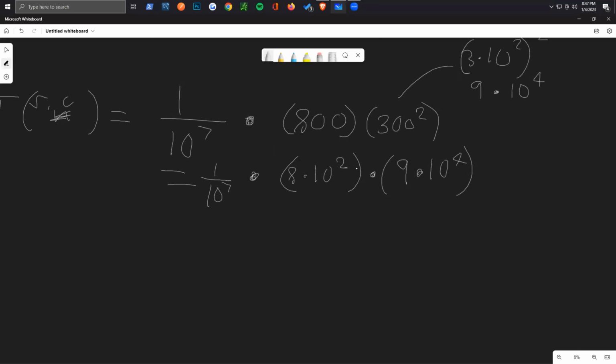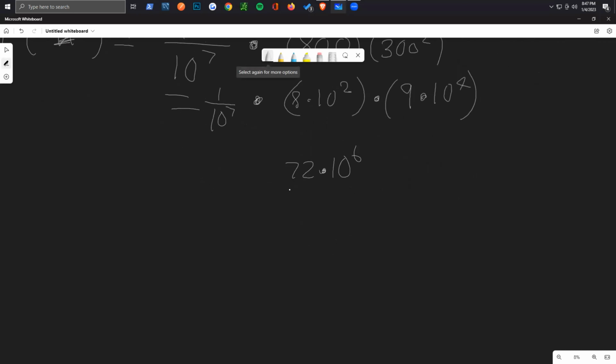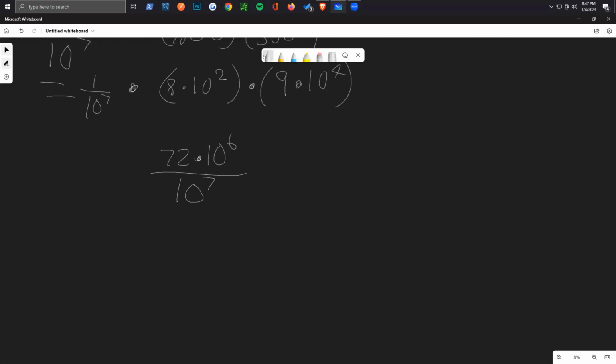So now what we've got to do is just combine terms again. So we have an 8 times 9, so that's 72, times, and then we can bring these two together since we're multiplying, so 10 to the 6. And now at this point we multiply this out, so now it's over 10 to the 7. Now, right here, you can break it up a little further, but let's just leave it like this, and then I'll show how you can break it up. You can subtract these out.